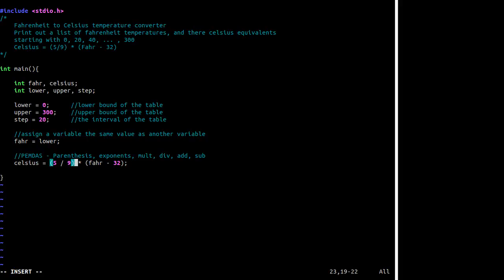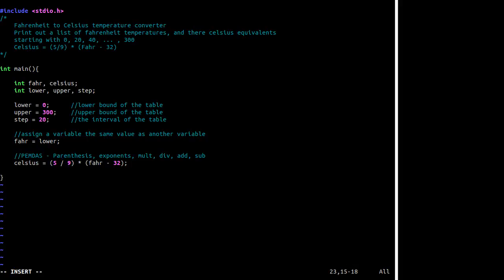But remember when I talked about integers the other day, I was saying that integers don't have a notion of decimals. So what's going to happen here, because 5 and 9 are both integers, is it's going to truncate away the decimals. Unfortunately, in this case, 5 divided by 9 is going to be 0 point something.